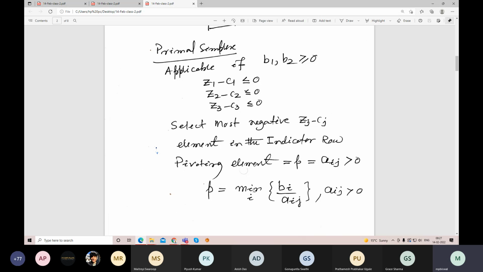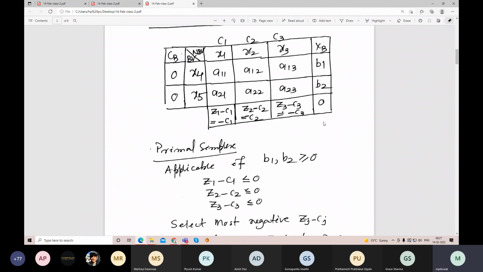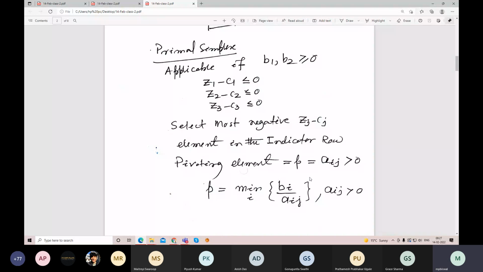We calculate the minimum over i of Bi divided by Aij, where j is the jth column, the entering variable. How many rows are there? B1, B2, 2 are there. So you will calculate in this manner, Bi divided by Aij. Of course, this Aij has to be non-zero, positive.